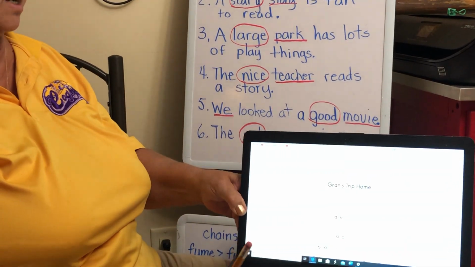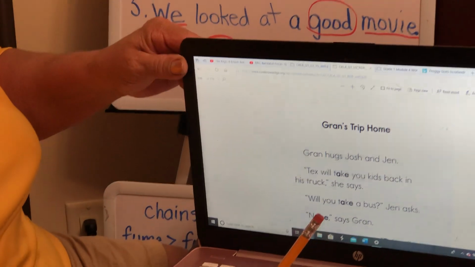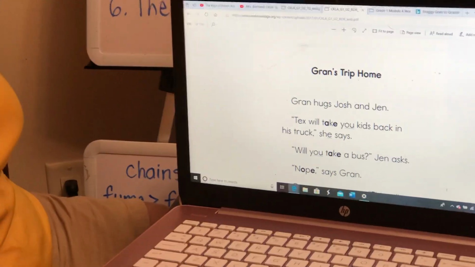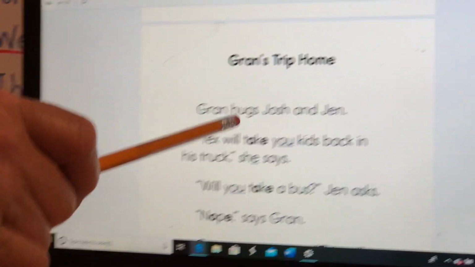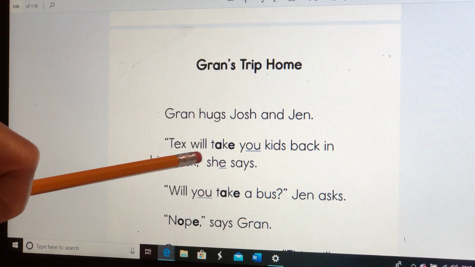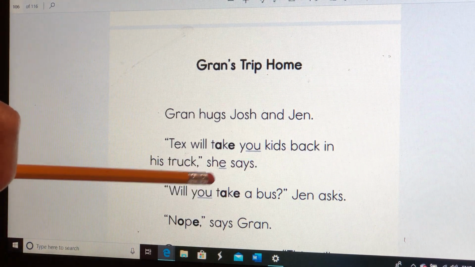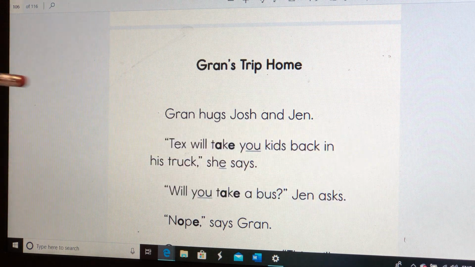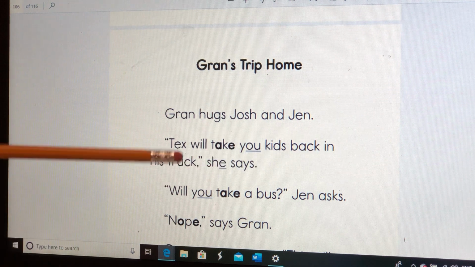Okay, this is our story. And it's called Gran's Trip Home. Gran hugs Josh and Jen. Tex will take you kids back in his truck. She says, remember this sentence, Tex will take you kids back in his truck.